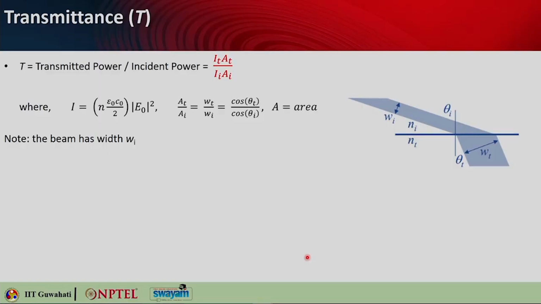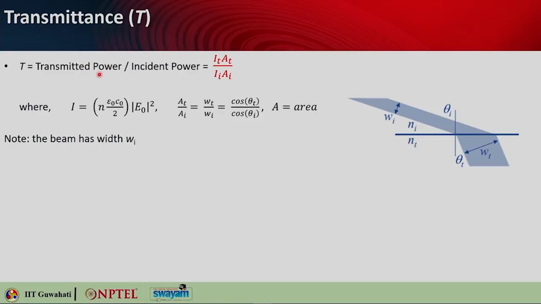So with an overall understanding of all these conditions of reflection and refraction or transmission, let us finally calculate the transmittance, capital T. All the previous parameters, the reflection coefficient and transmission coefficient, were given with small letters, small r, small t.